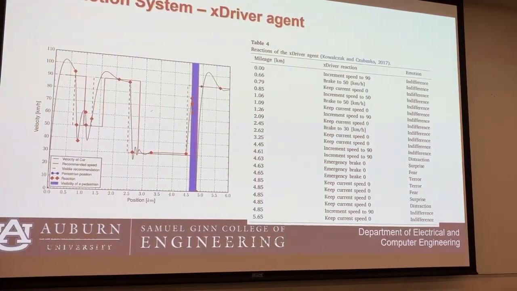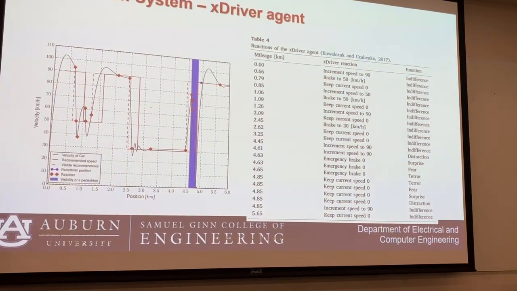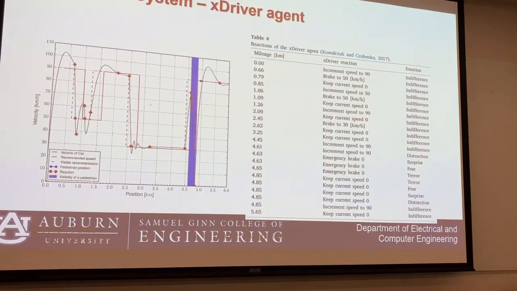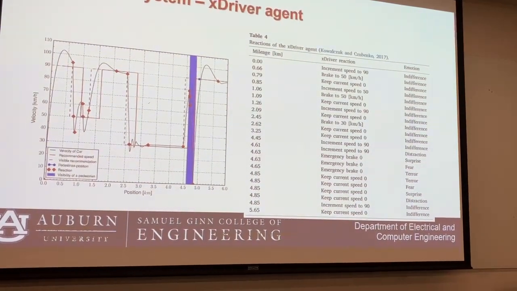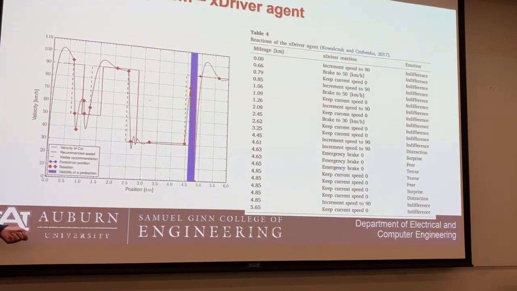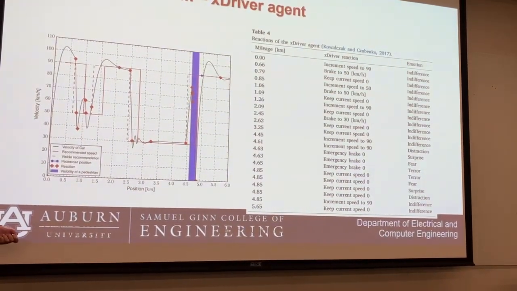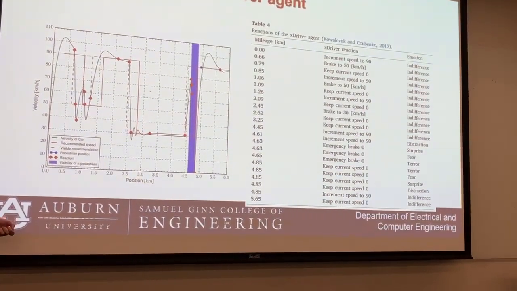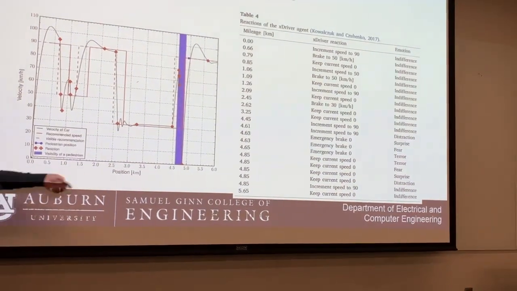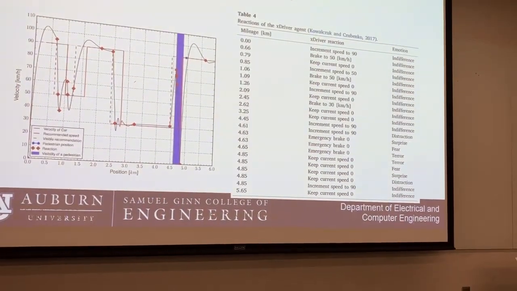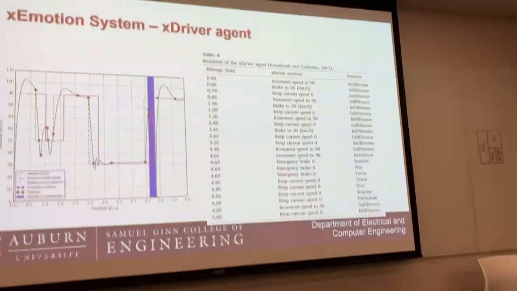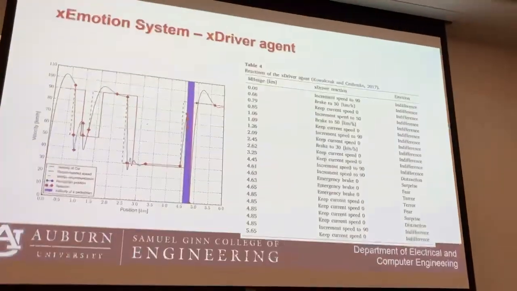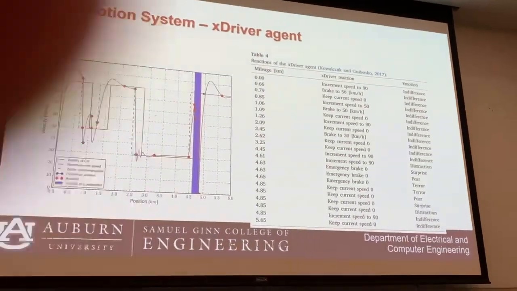The emotion is indifference, then distracted by the pedestrian, then fear and surprise, with the reaction being an emergency brake, and then continuing to fear, terror, and again terror. The velocity at that time is 0, and then surprise, and the speed increases when the driver passes the pedestrian.